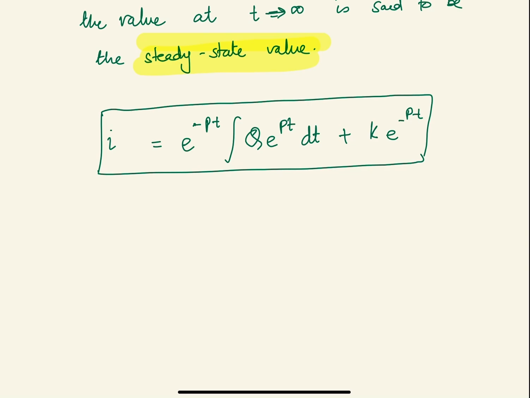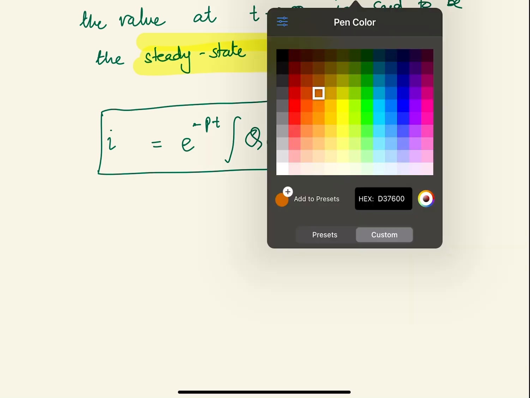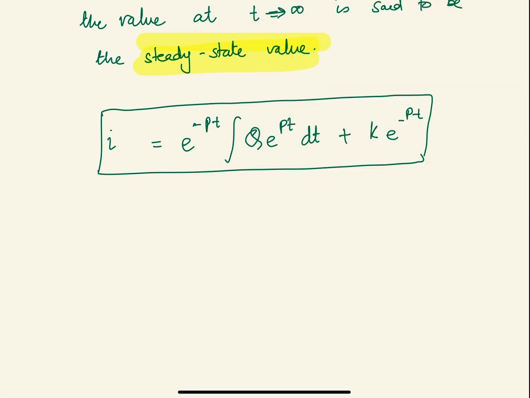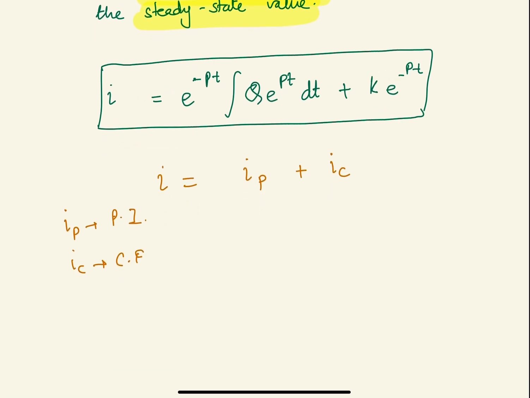If you take a look at this expression, I can make another comment: I is actually a sum of the particular integral IP and the complementary function IC, where IP is the particular integral and IC is the complementary function. Or alternatively, I can write I is equal to ISS plus IT.